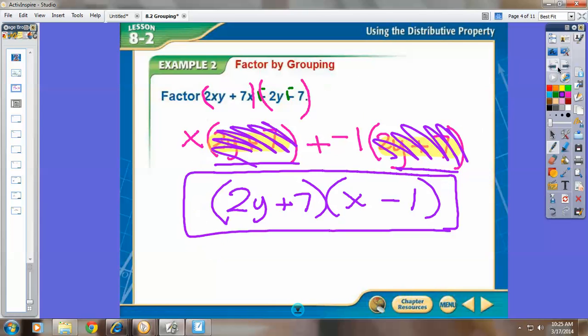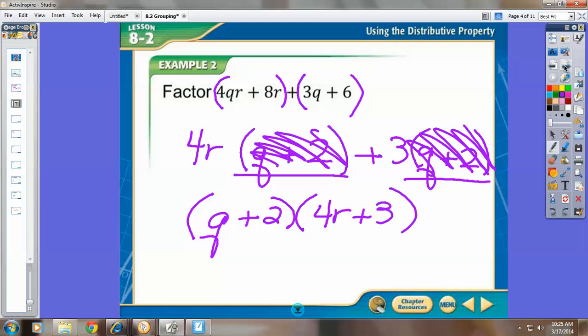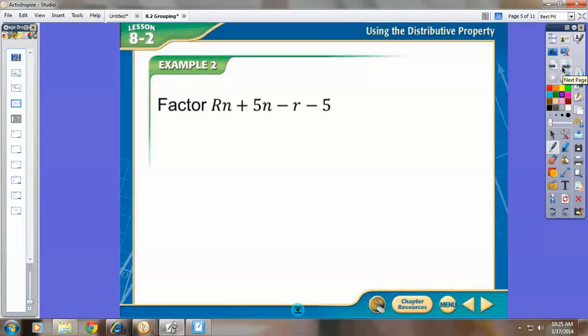Let's look at some more. How about this one? That should be a little r, not a capital R right here, sorry. It should be a little r in plus 5n minus r minus 5. How many terms do we have? 4.